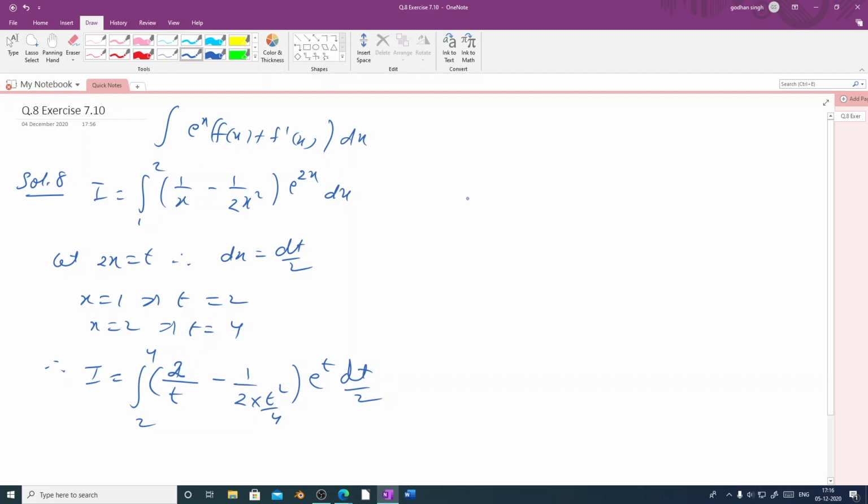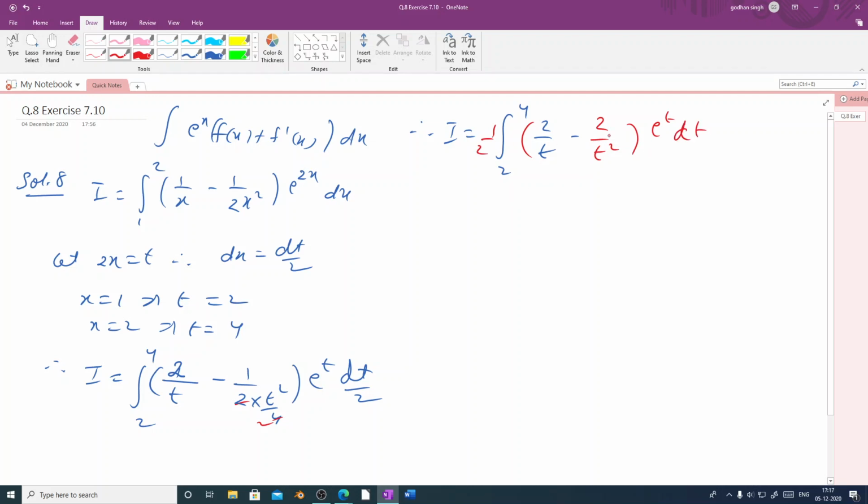dt by 2. Now let us simplify this further. So therefore I equal to, integrating from 2 to 4, this will become 2 by t minus, here also 2 and 4, 2 will cancel 4 and it will become 2. This 2 we can take up, it will become t square, and e raised to t, this half can take out, and this will become dt.